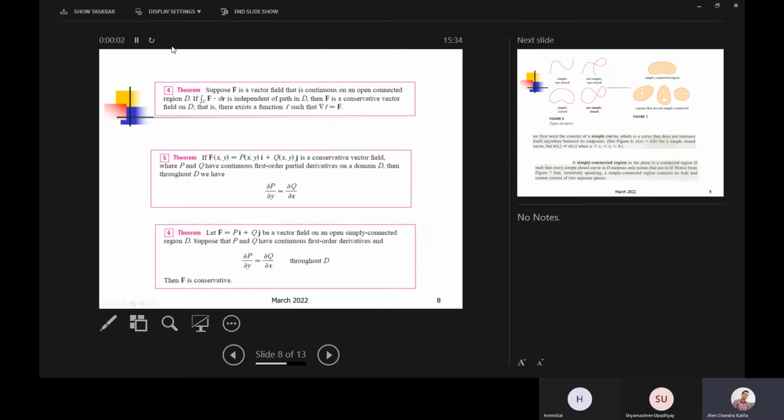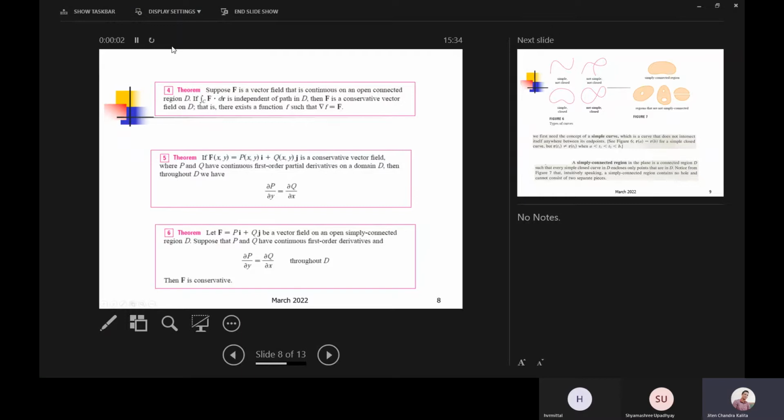So, open simply connected region D, and suppose P and Q both have continuous partial derivatives, and this condition is satisfied: del P del y equals del Q del x throughout D. Then F is conservative. This I am not going to prove, but I am going to use it later on also.